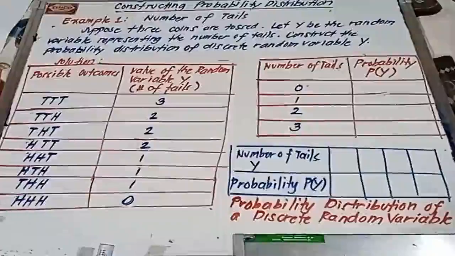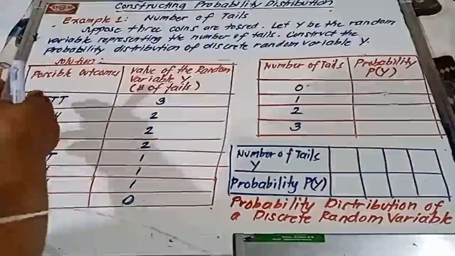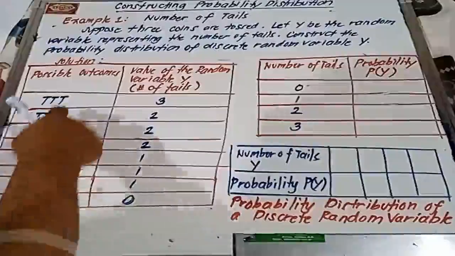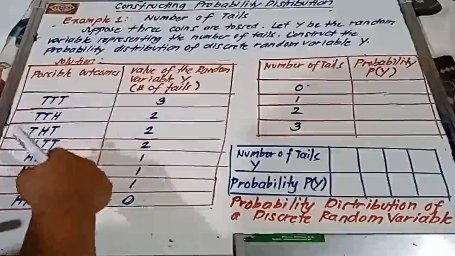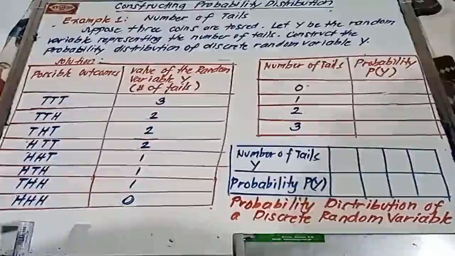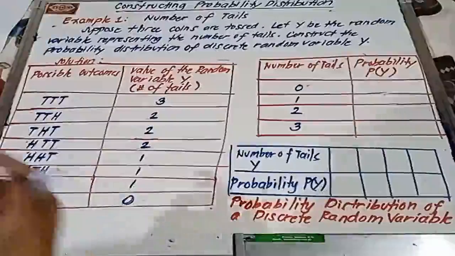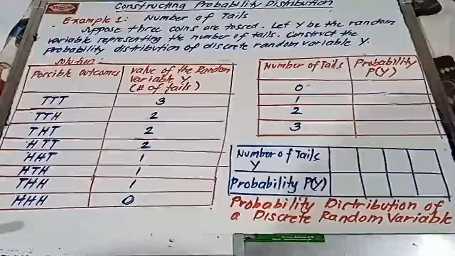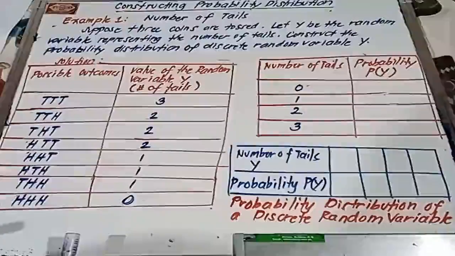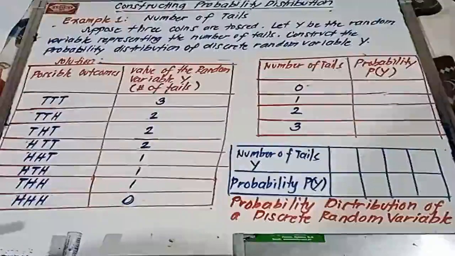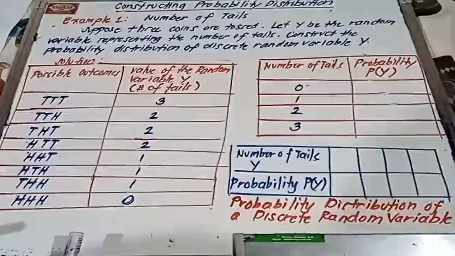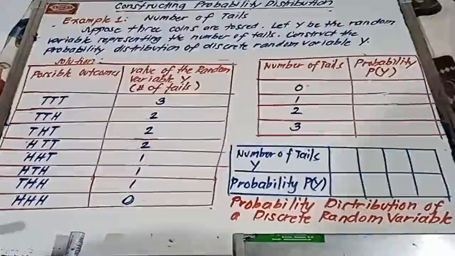Okay. So, mapapansin natin, there are 8 possible outcomes. 1, 2, 3, 4, 5, 6, 7, 8. So, ating sample space consists of 8 elements. So, therefore, sa ating na-review nung nakalipas na video, ang probability can be determined by dividing the number of favorable events by the number of the total events or number of elements of the sample space.